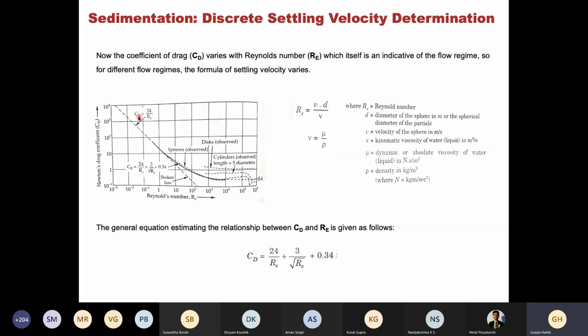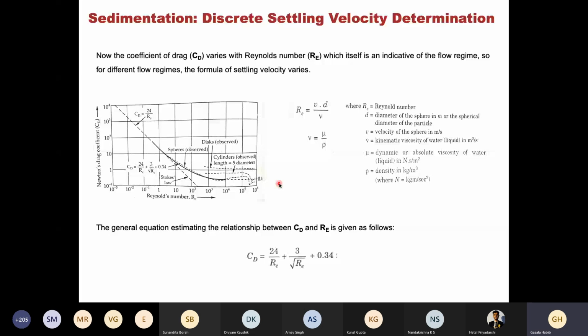In the transition region, when the Reynolds number is between 1 to 1000, the CD is given by 24 upon RE plus 3 upon root RE plus 0.34. And for Reynolds number greater than 1000, which is the turbulent zone, the CD becomes almost constant at 0.4 or 0.44.